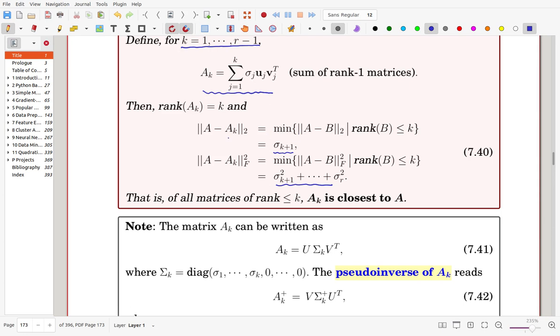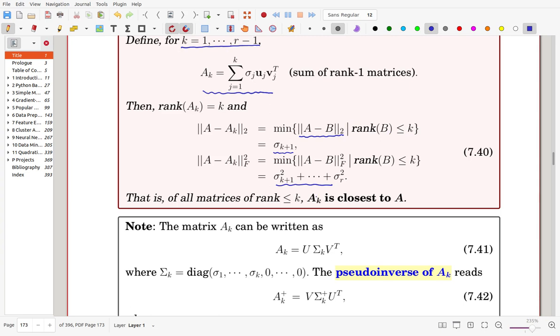And this holds for every possible norm. Among them, it is the smallest, where now the rank of B is less than or equal to k.